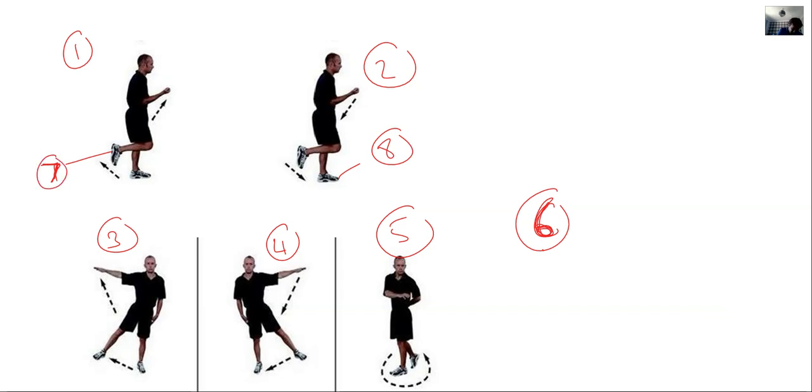Number 7 and 8 on your screen are to do with the ankle. So what is the ankle doing? Whereas 1 and 2 are relatively obvious in terms of what's going on. So 7 and 8 are all to do with the ankle movement.